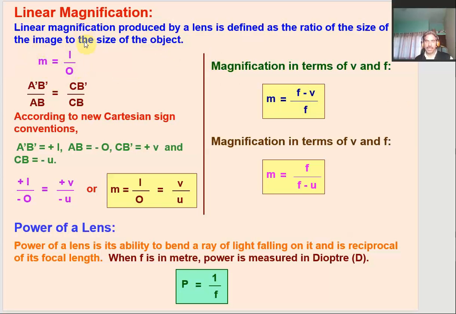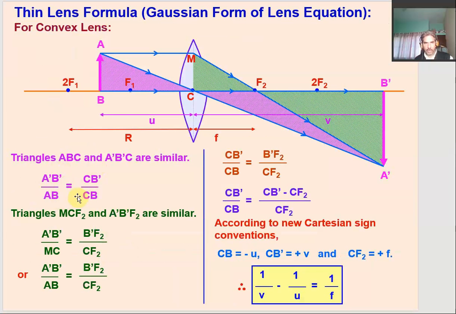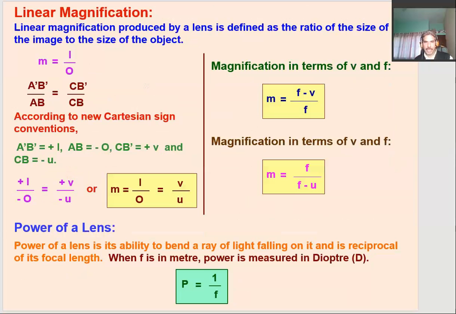We can write another formula for the linear magnification produced by a lens. For a lens, we were getting this relationship earlier, right? Here, we are going to make use of this relationship. Here A'B' is nothing but the size of the image, and AB is nothing but the size of the object. So we are going to make use of this formula, which is CB' upon CB.